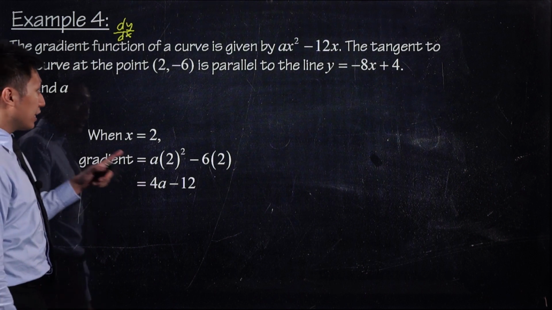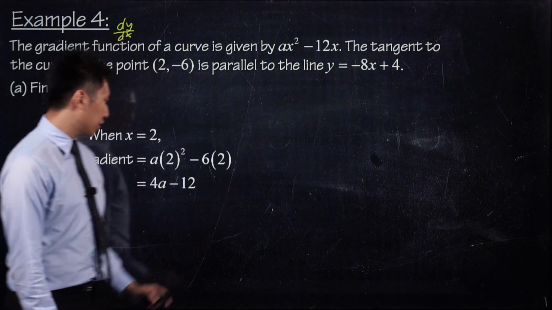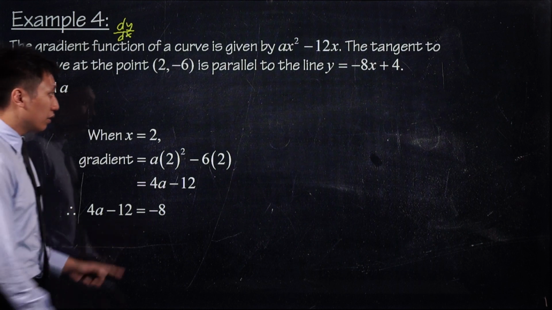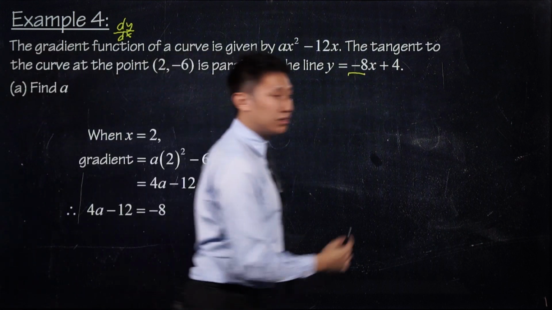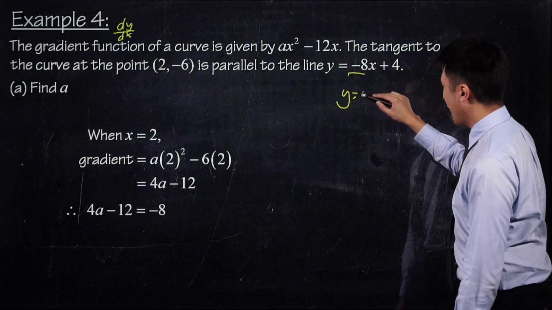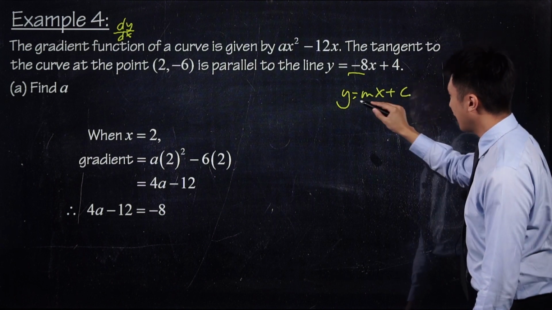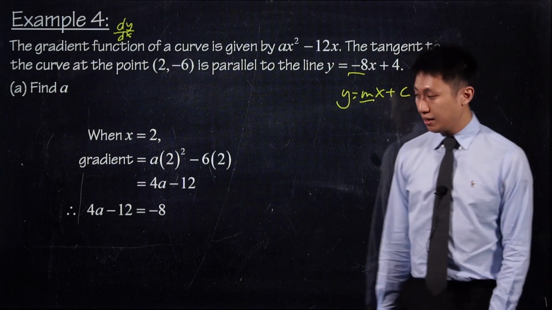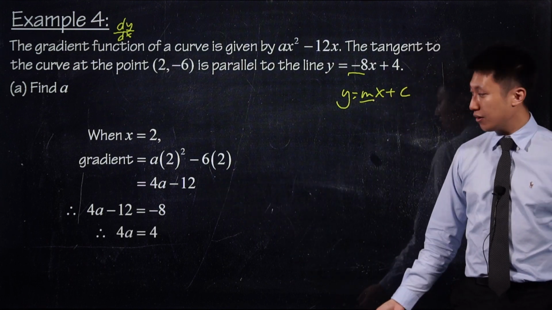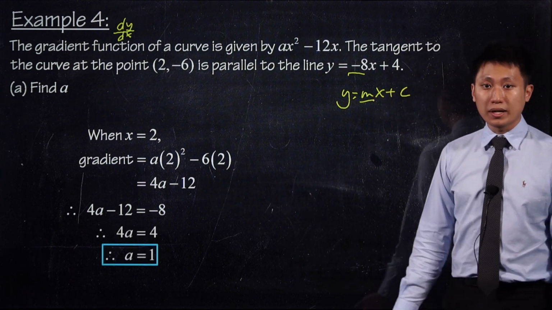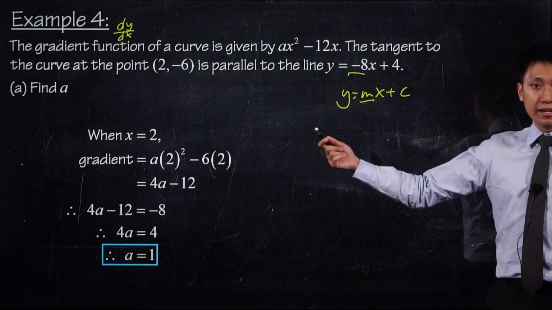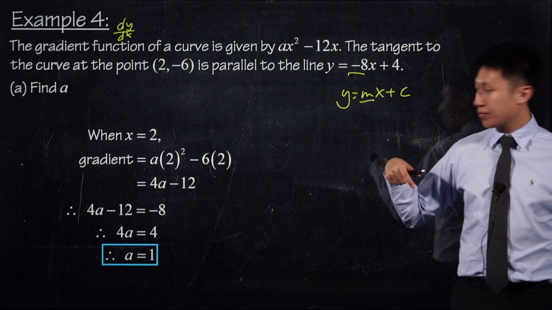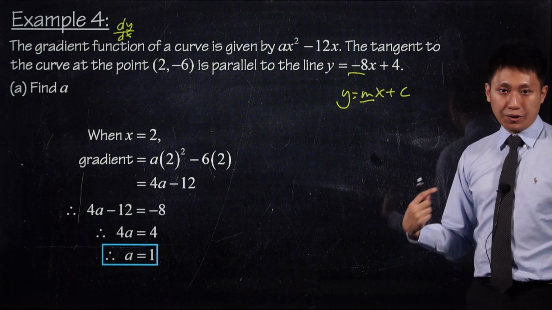It's parallel to this line, so you have to equate to negative 8, because y equals mx plus c. This is how we extract the information about the slope. Hence, 4a is equal to 4, a is equal to 1. And you get your a here. No problem? Great. Move on.